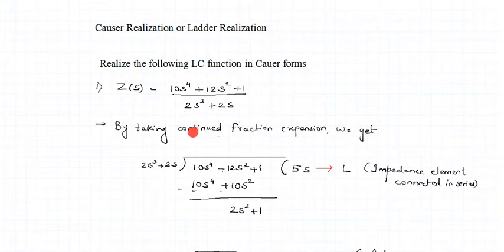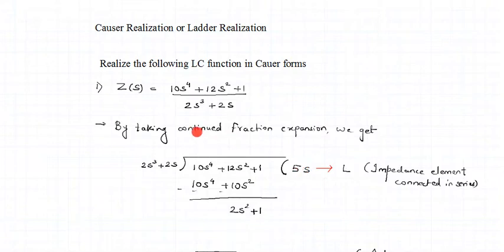Let us do the first step in continued fraction expansion by dividing the numerator by the denominator. We have done the division here, and the first quotient that we obtain is 5s.